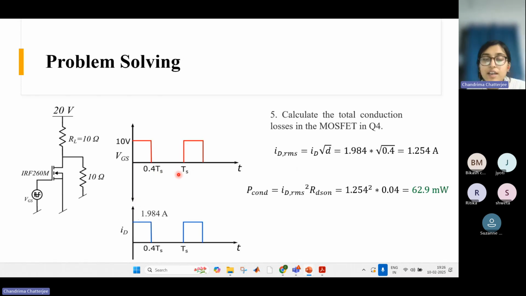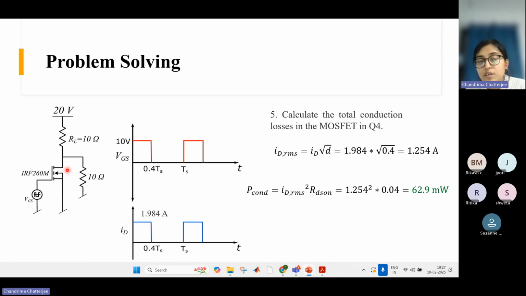For calculating the RMS current, we first need to see what is the current waveform. When we provide a pulse to the MOSFET, it will conduct, and this current value we already calculated while doing the switching loss calculation. That current was 1.984 ampere. This is the duty cycle of the turn on condition, 0.4. During this time we are providing a positive gate to source voltage, that's why the MOSFET is on.